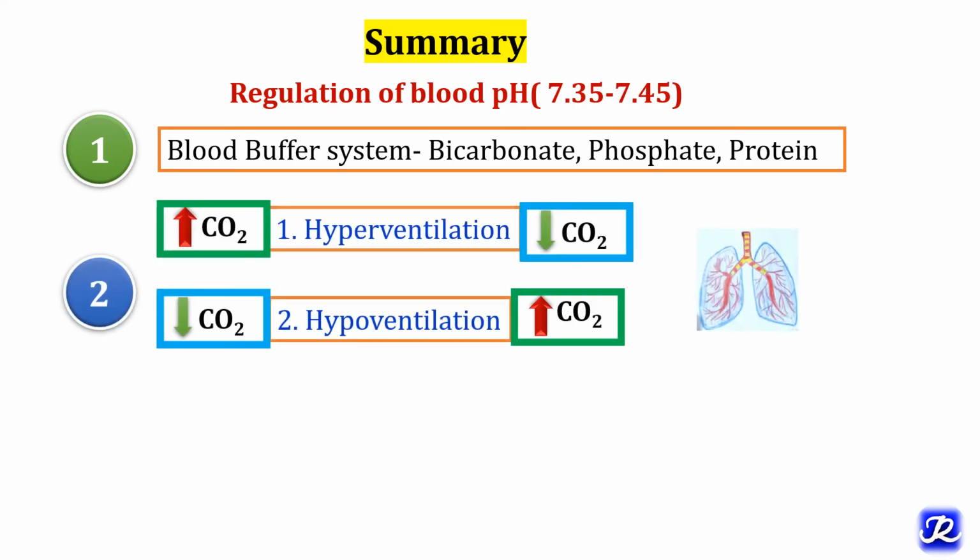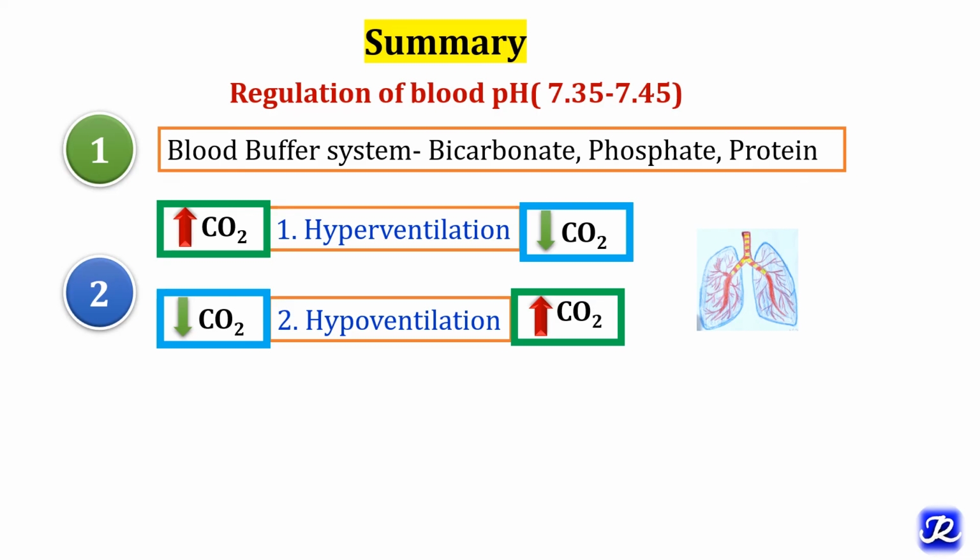The second most important mechanism is respiratory mechanism. Whenever there is increase in carbon dioxide concentration and hydrogen ion concentration, it activates respiratory centers and it results in hyperventilation, that is increased rate and depth of respiration. So ultimately it results in increased expiration of carbon dioxide from lungs, and decreased carbon dioxide in the blood.